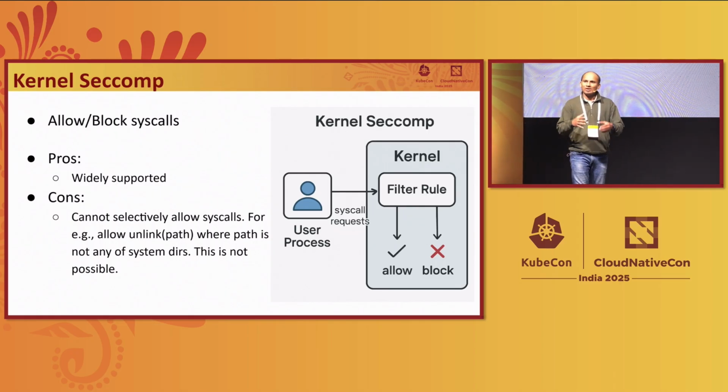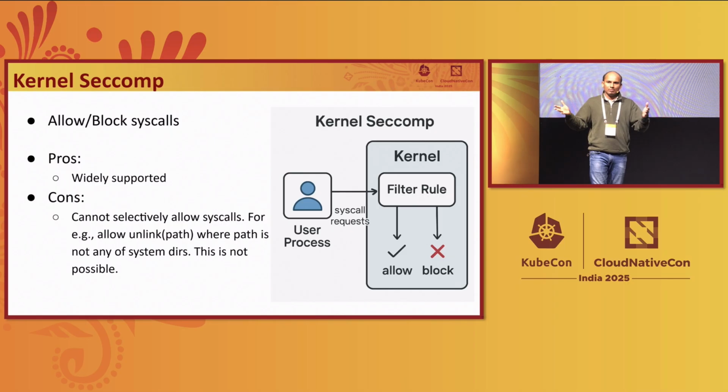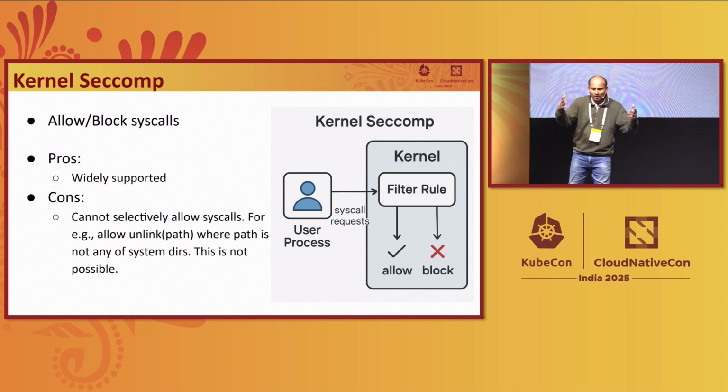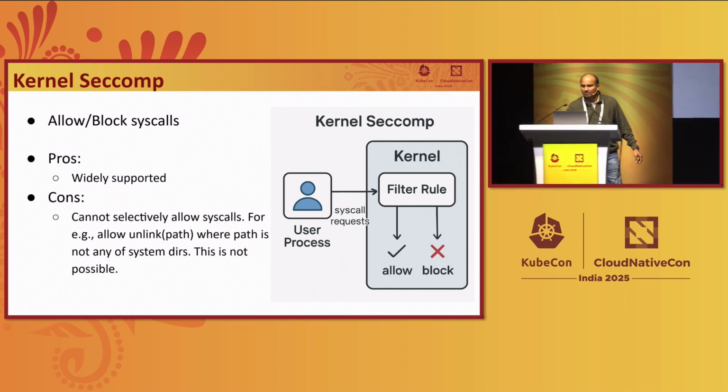What I mean by that is you have a system call, you enable or disable it. That's all. But you can't say that a system call with these parameters is allowed. For example, unlink is a system call which deletes files. You want to allow unlink on a specific folder path, but not all. You can't do these kinds of interesting things.